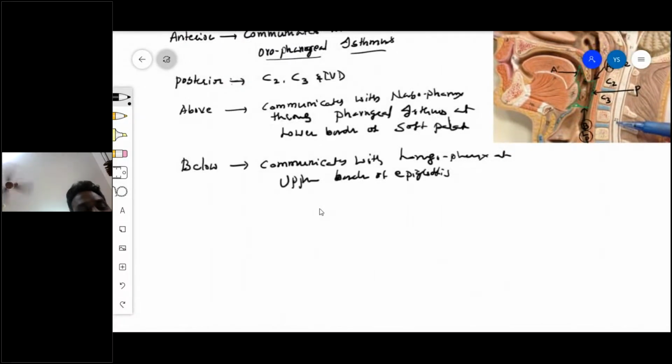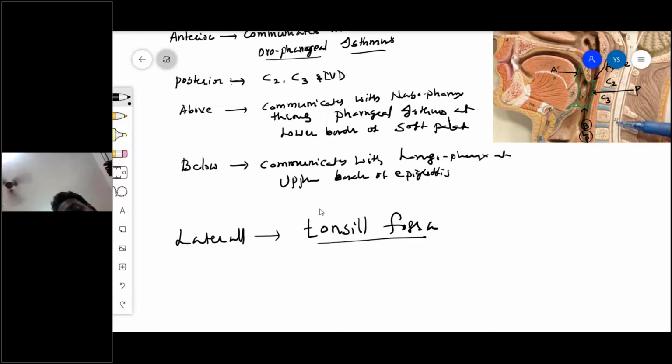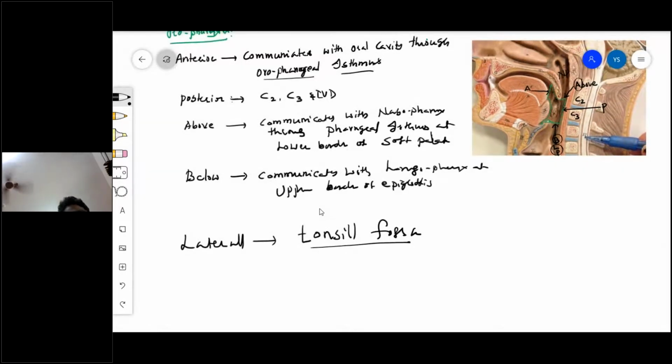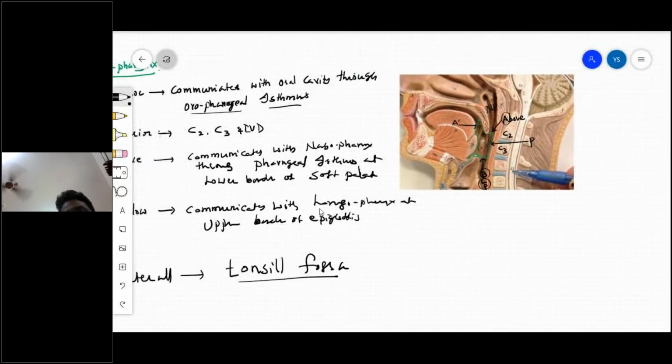And laterally, it is related to the tonsillar fossa covered by mucous membrane. This should be highlighted a little. Is it clear?